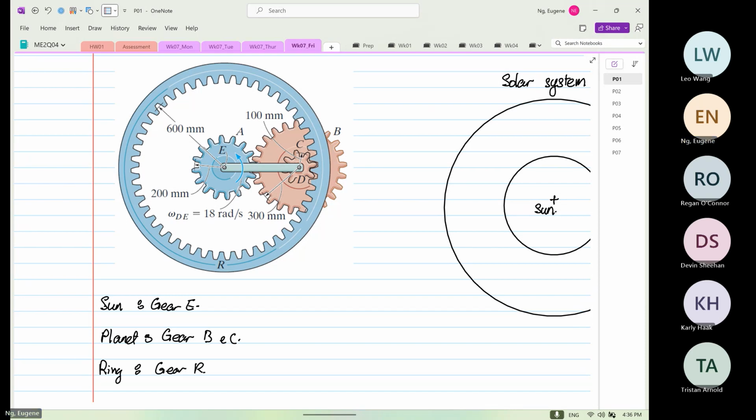So don't panic. You have ED, which is just an arm. That is nothing to do with the planet. It's just an arm that's over there. Always remember, in the planetary gear system, one of the gears has to be not moving.